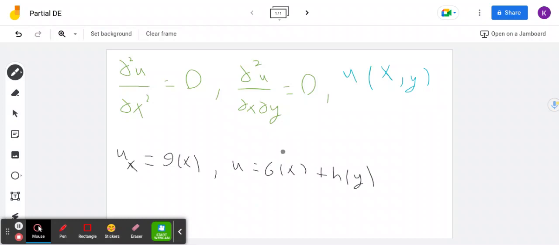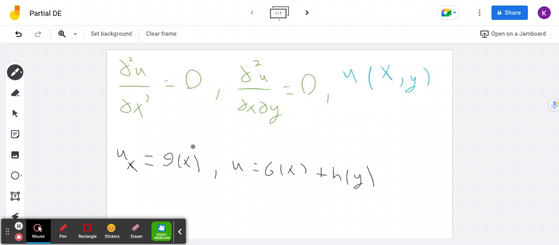This part goes out because any variable other than y is considered a constant, and h of y becomes h prime of y. Now we have a function in terms of y, and if we take the derivative with respect to x, that is also a constant, so it becomes 0. So this is our general solution, capital G of x plus h of y.